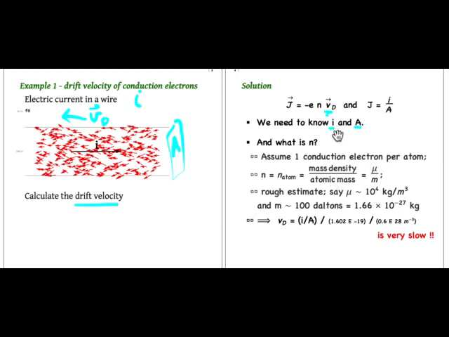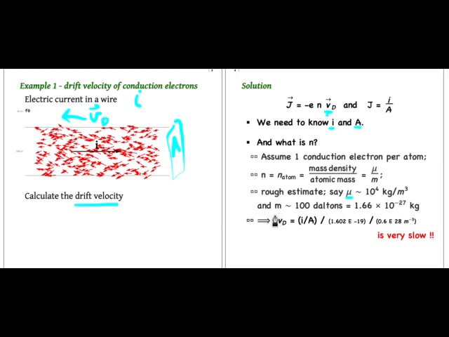Now, I haven't given numbers here, but let's make a rough estimate. Let's say mu, that's a material property of the copper, is something of the order 10 to the fourth kilograms per cubic meter. That would be more or less the order of magnitude anyway.